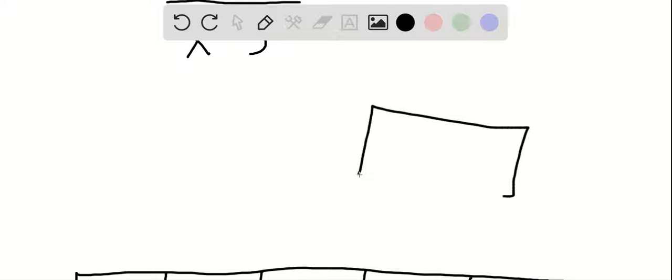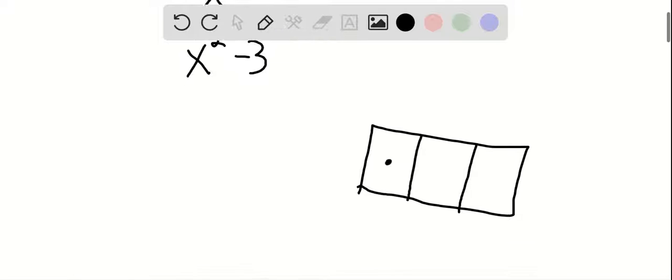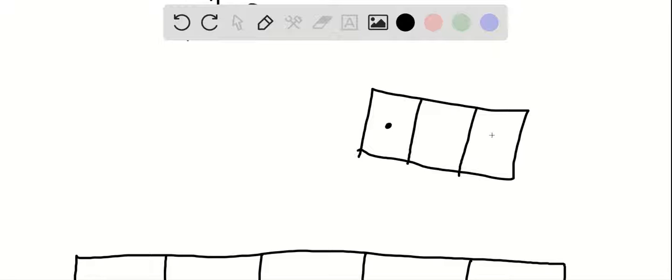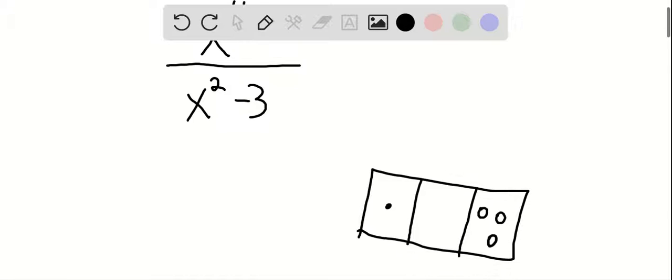Well, x squared is our third box, so we have one dot in our x squared box. But then we have minus 3, or we're adding the opposite of 3. So therefore, we have 3 anti-dots in our ones box. There we have it. There is x squared minus 3.